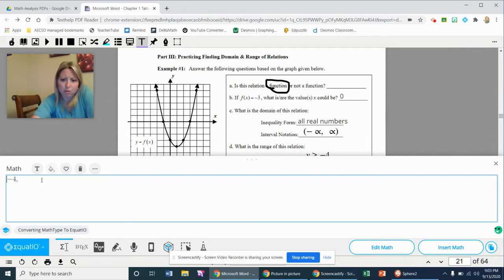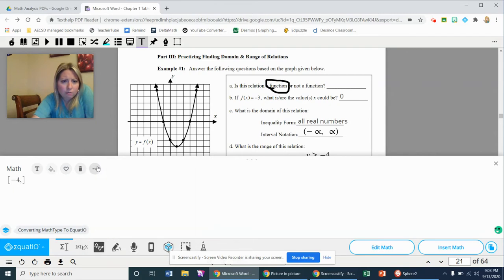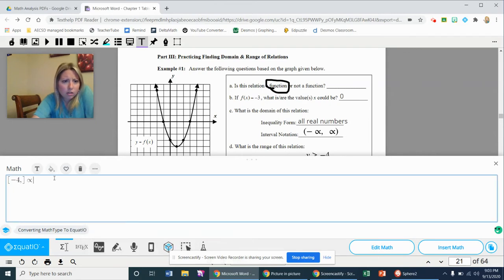How do I get the hard bracket then? Is that not an option on my keyboard? Yeah, it is. There we go. Up to, I need that funky infinity again. It doesn't really have an end.